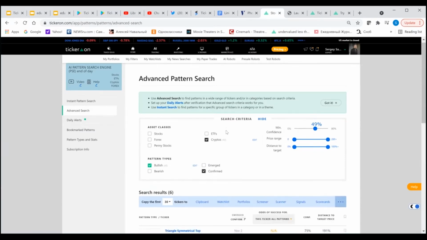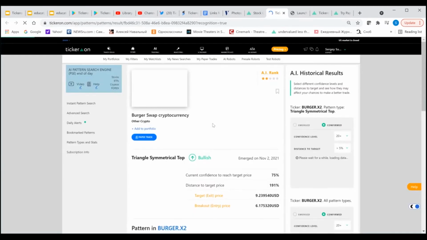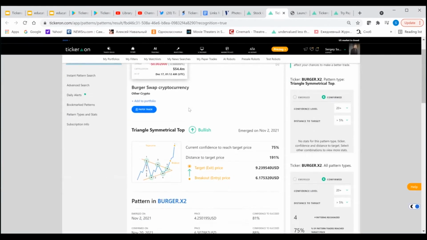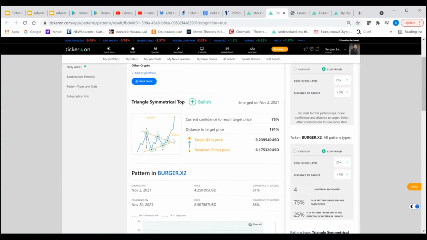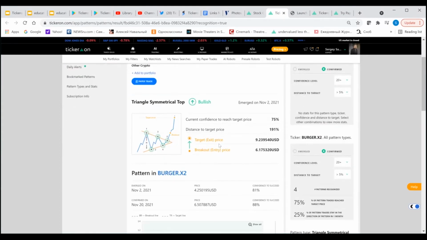Now I have all these patterns. Let's look at them. You see they emerged and were confirmed on November 20th. I'm going to search by confidence, 75%, and now let's look inside. It gives us a specific type of pattern, and that tells you when to buy and when to sell.